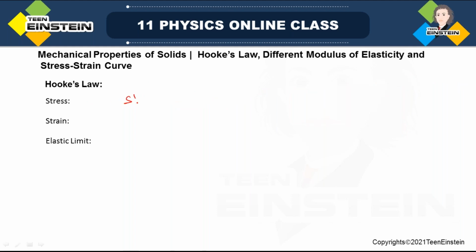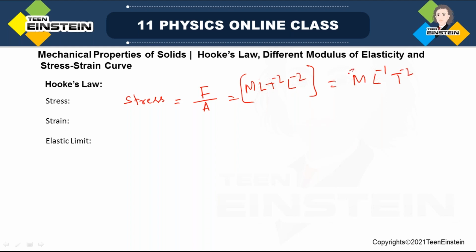Mathematically, stress can be written as force per unit cross sectional area. So it has dimension M L T to the power minus 2 into L to the power minus 2. So you get M L to the power minus 1 T to the power minus 2.